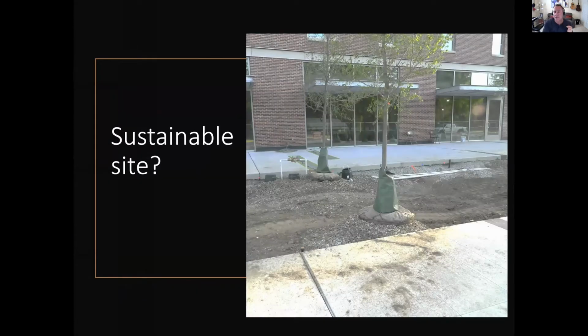Making sure the site is sustainable and compatible for trees. This is one that I happened to run across, tree planting near the Purdue campus. And you can see that obviously not likely a sustainable site for those trees under those conditions. But this is what we're typically faced with.